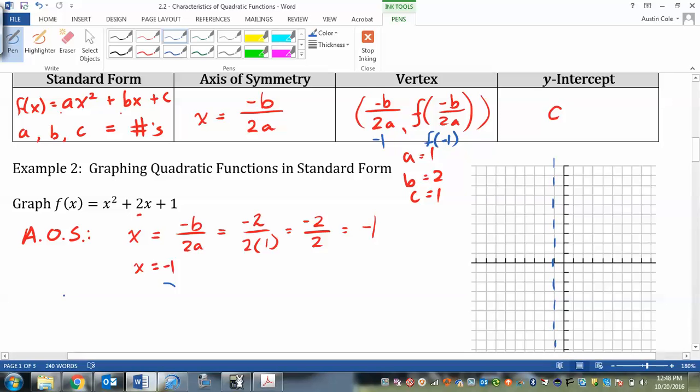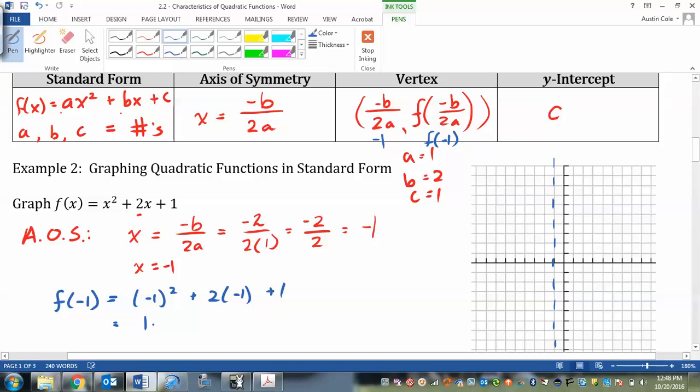Now I'm going to plug that into my function. So here we go. I'm going to do f of negative 1 equals, write it all out, negative 1 squared, plus 2 times negative 1 plus 1. What's negative 1 squared?